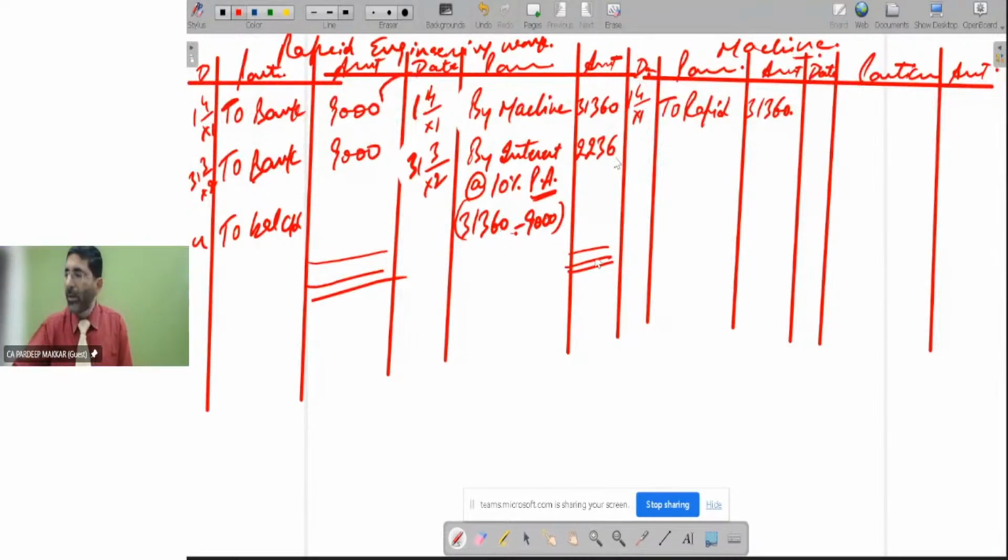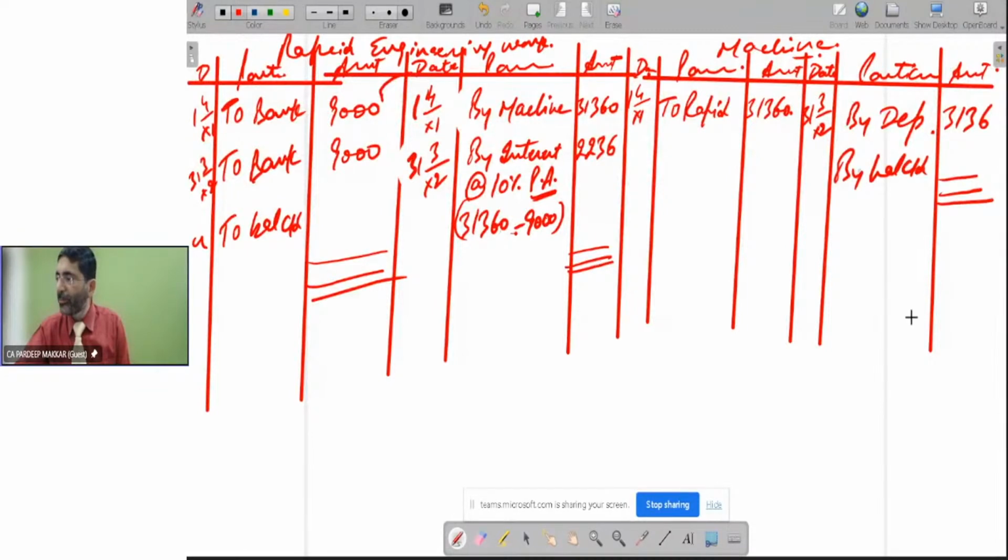Get the balance fast. And here you have to charge a depreciation at the end of every year. So the depreciation rate is given to you, it is 10%, 3,136. And you have to calculate the balance by balance carried on. How much is it, fast?